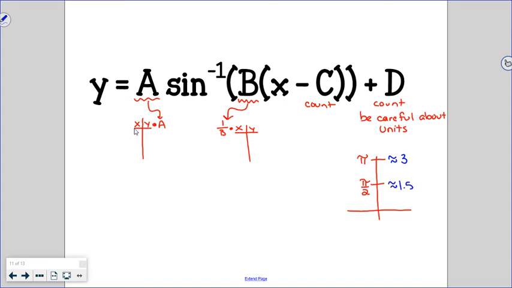The other thing is, remember that a vertical shift will also move your horizontal asymptote, right? And amplitude will also change your horizontal asymptote.